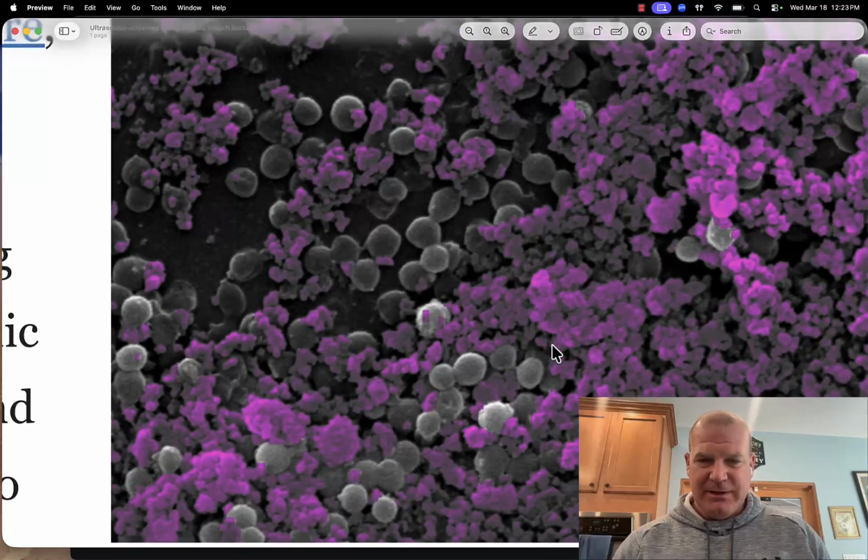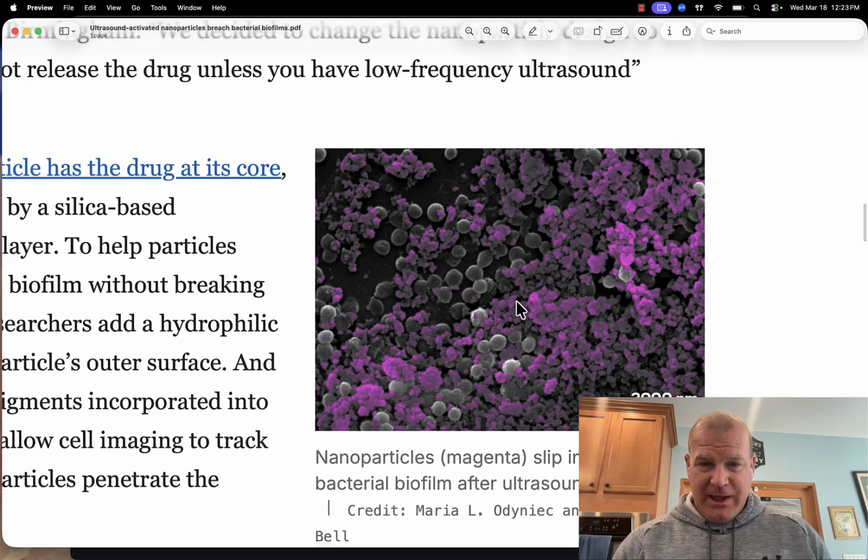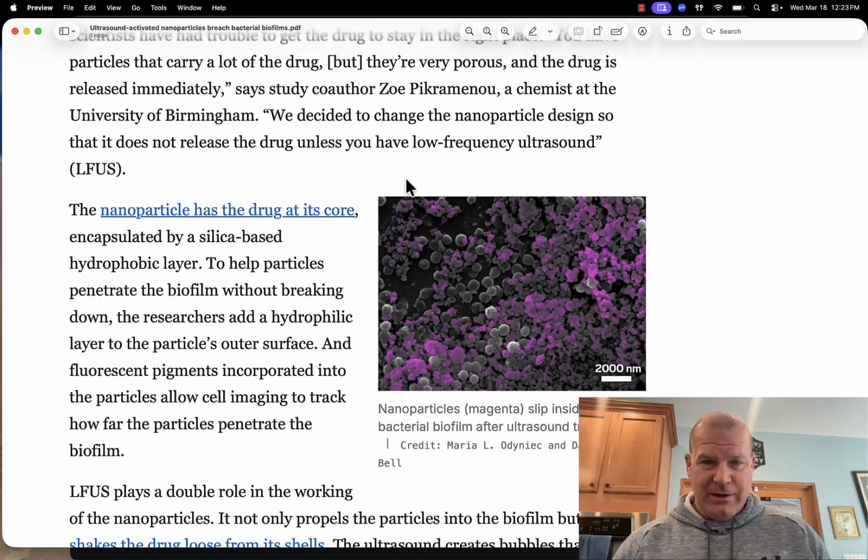Here you can see what looks like some sort of coccobacterium, and here is the nanoparticle going inside, and this is probably all part of a biofilm. Now you have this nanoparticle in the biofilm, and then you can hit it with low frequency ultrasound, LFUS, and that releases the antibacterial.